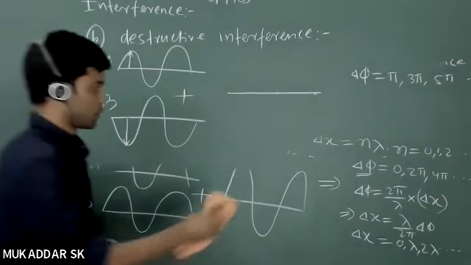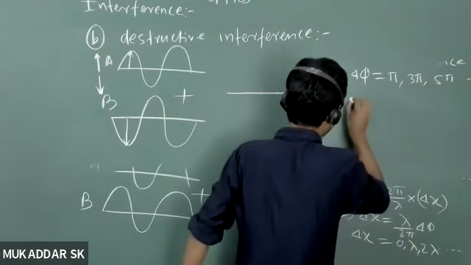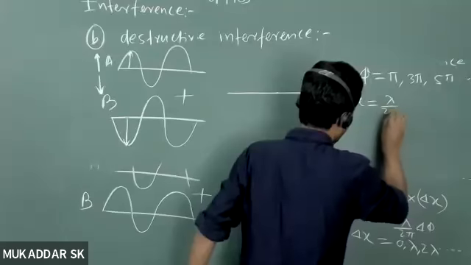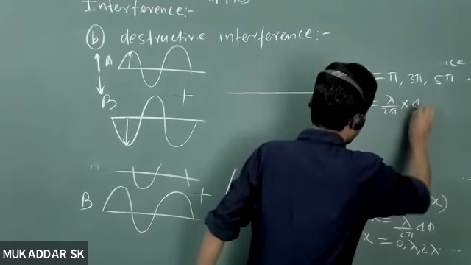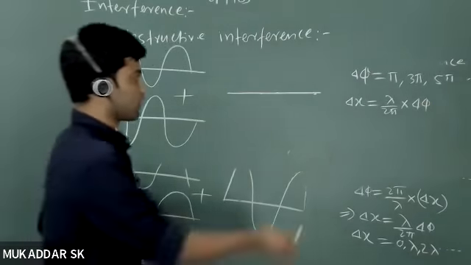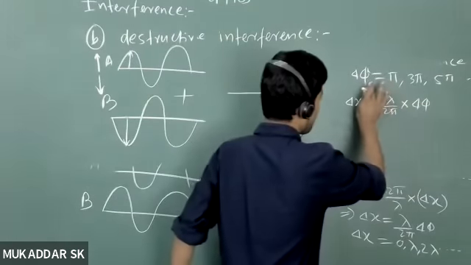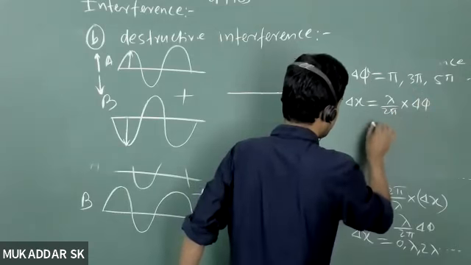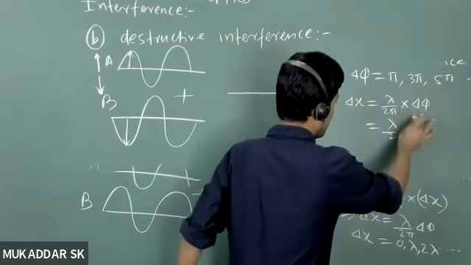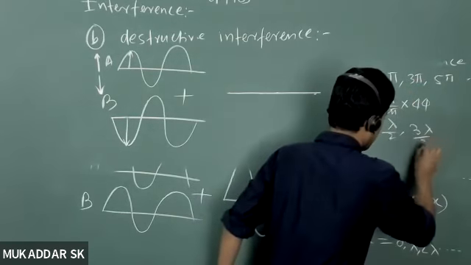Okay. Now again, you can find the path difference, because you know the path difference between rays, delta x, is nothing but lambda by 2 pi into delta phi, right? Okay, now if you substitute delta phi for destructive interference, how much will you get? When you substitute delta phi equals pi here, you will get lambda by 2, right? When you substitute 3 pi in place of delta phi, you will get 3 lambda by 2, and so on.